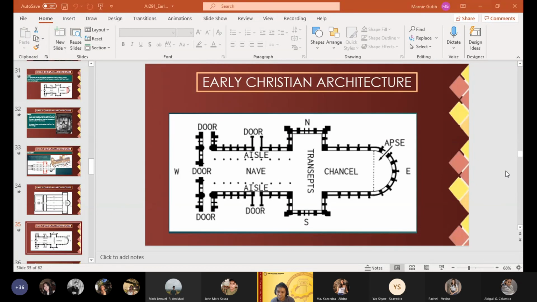Is the altar always in the east, sir? Yes, if the lot allows it, if your property allows where you will build your church. The altar is always at the east.